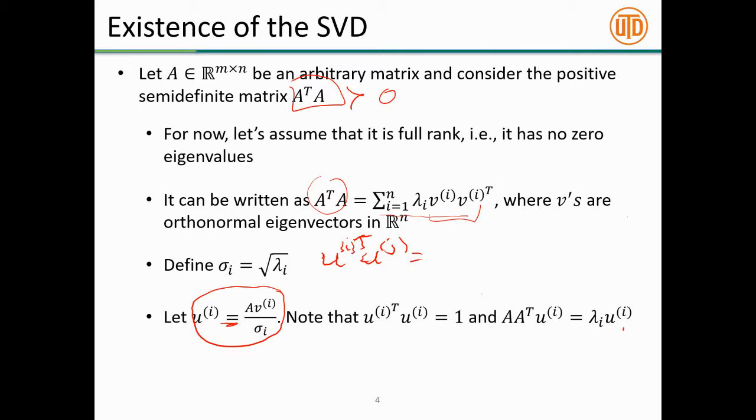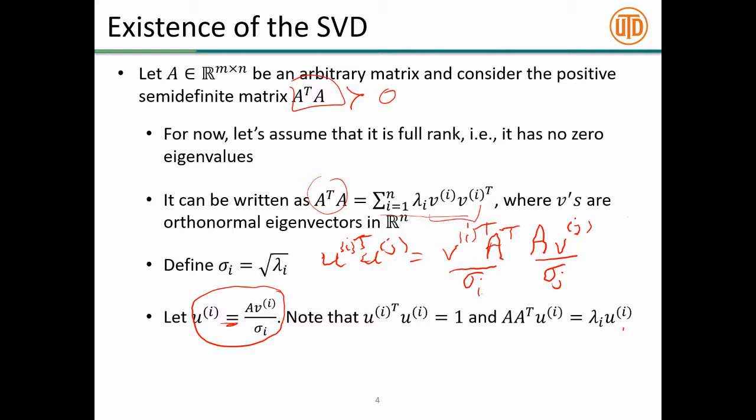By definition, u_i transpose is equal to v_i transpose A transpose all over sigma_i. And u_j is equal to A times v_j all divided by sigma_j.